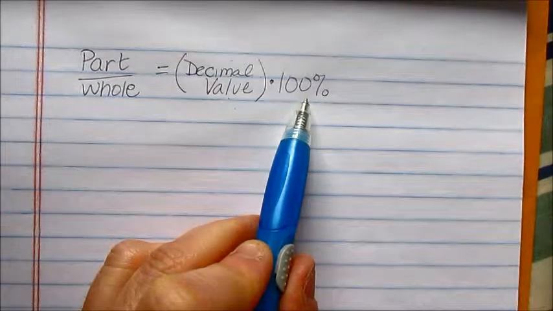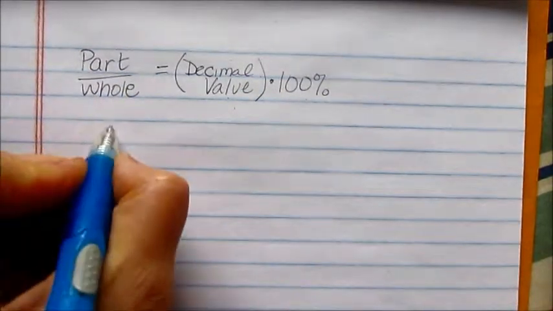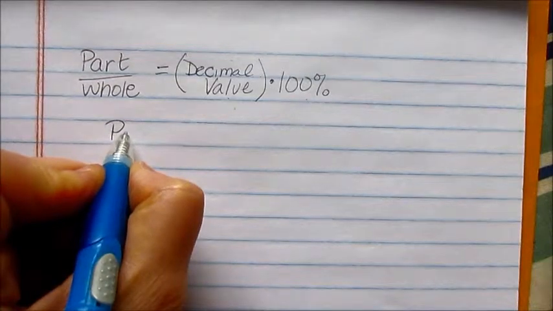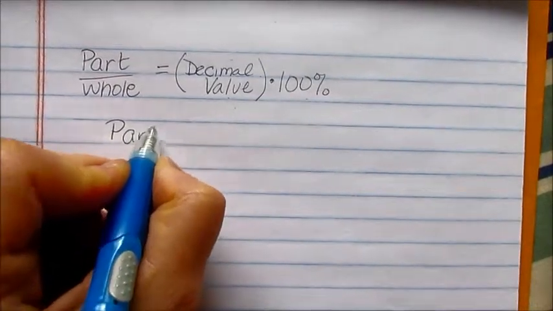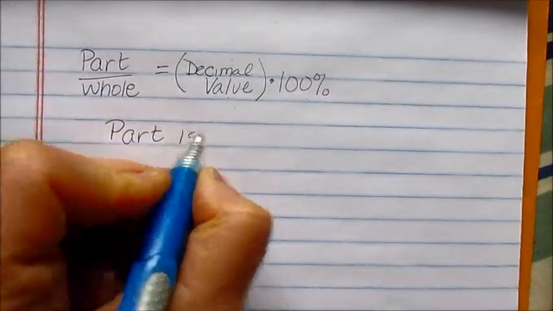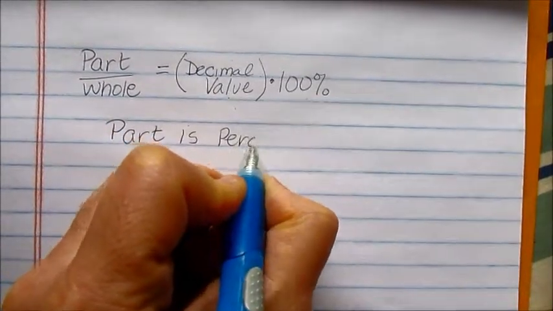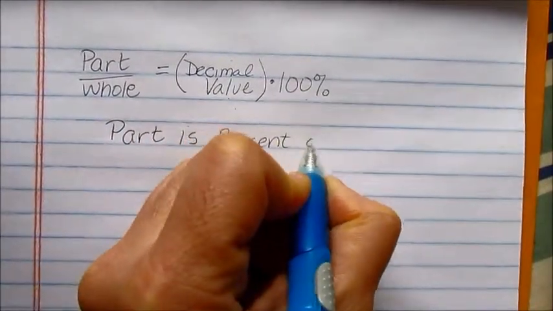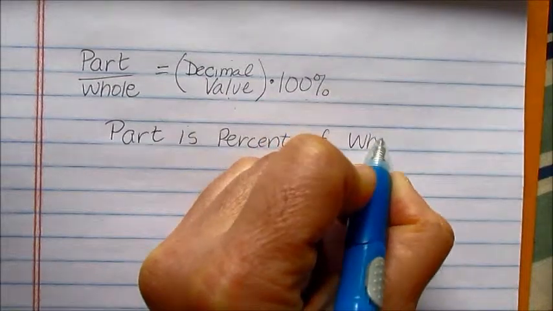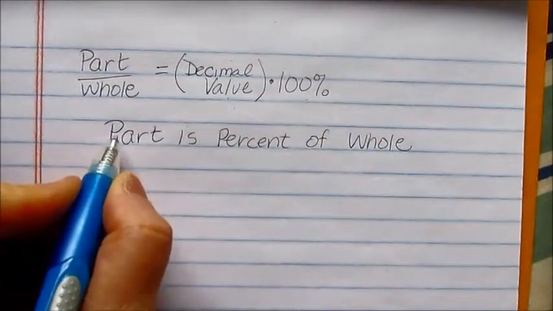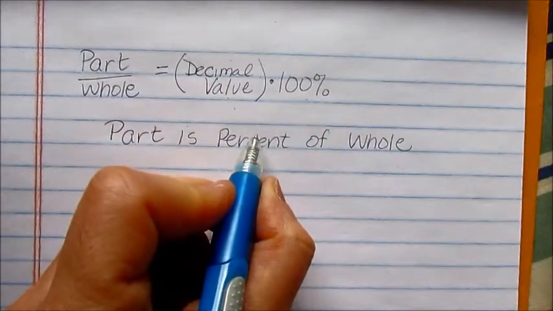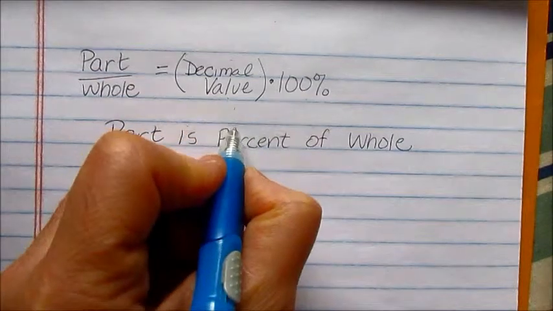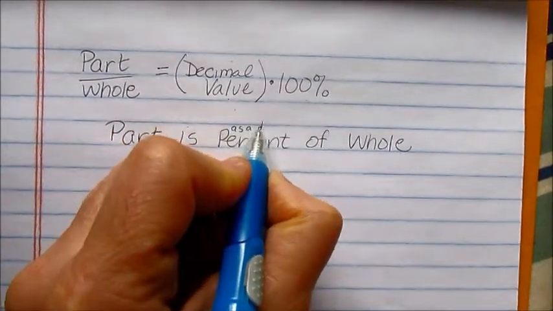We could also think of this as an equation. Part is percent of whole. Does that make sense? Let's say percent as a decimal.